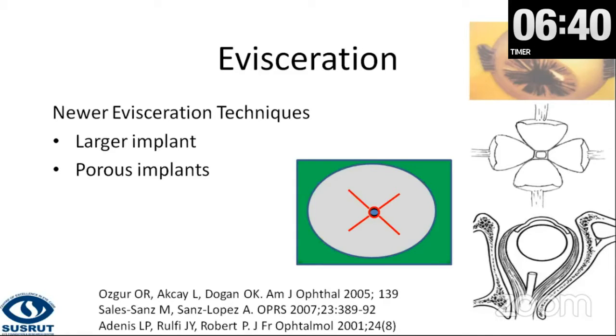Now, what we do is slightly different. We make four posterior sclerotomies at the back of the eye, from the equator to around the optic nerve, and then we join these four flaps together so that it opens up in the back, and you can put an orbital implant into the muscle cone.